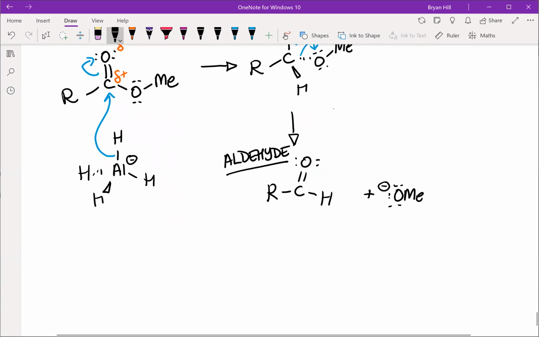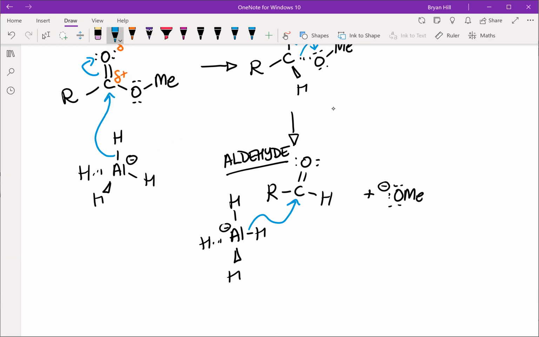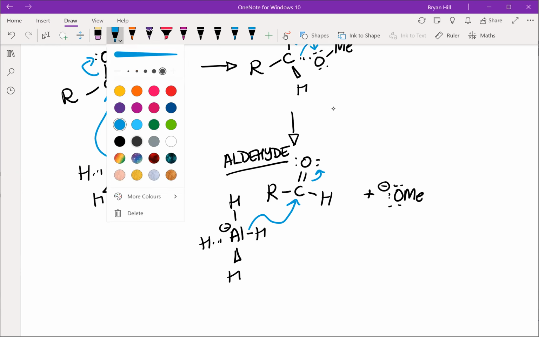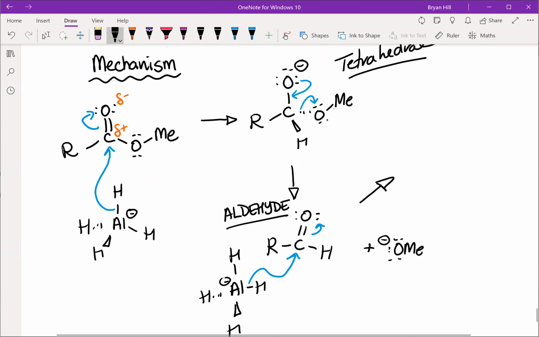This reacts very quickly with another equivalent of lithium aluminum hydride. Then this becomes our stable tetrahedral intermediate, where you've got RCO. Stable.